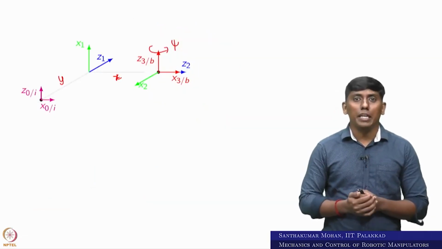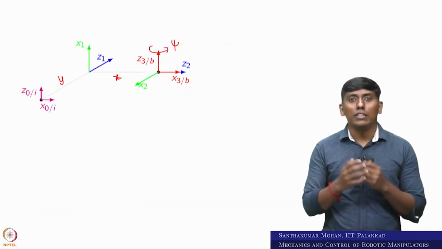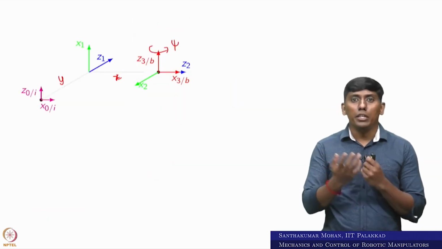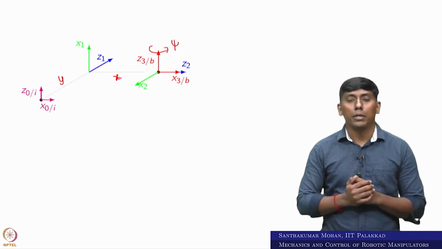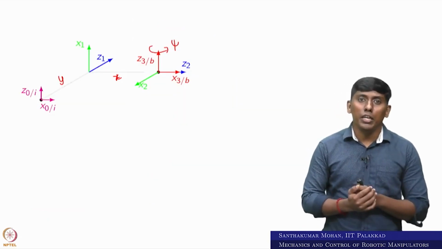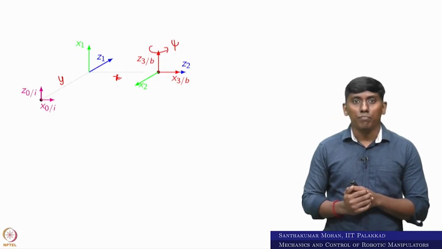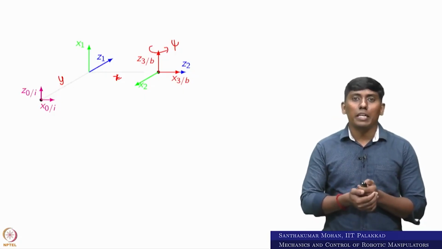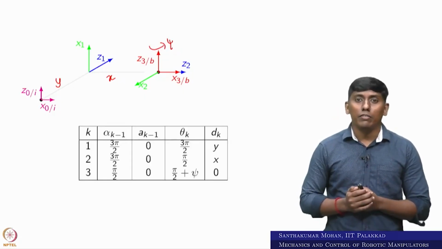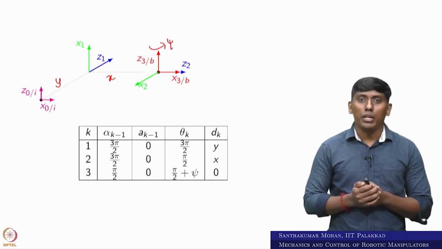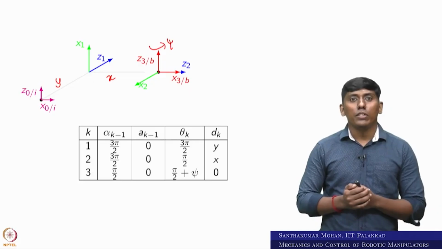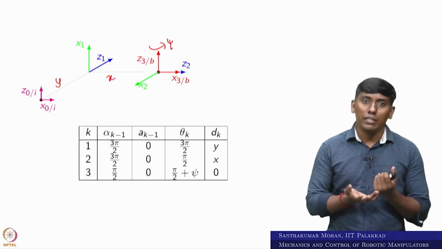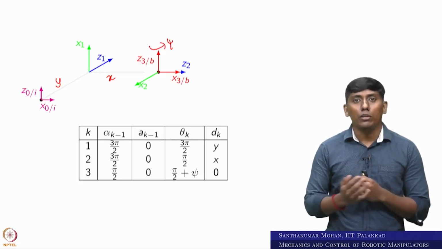Now coming to the screen, where we can see the same thing we derived, I put it here just to derive the Denavit-Hartenberg parameters. Here there are 3 variables: y, x and psi. Based on this, I can derive the parameters. Look at alpha k minus 1, in this case alpha 0. Alpha 0 is rotation about x0 where z0 is parallel to z1.